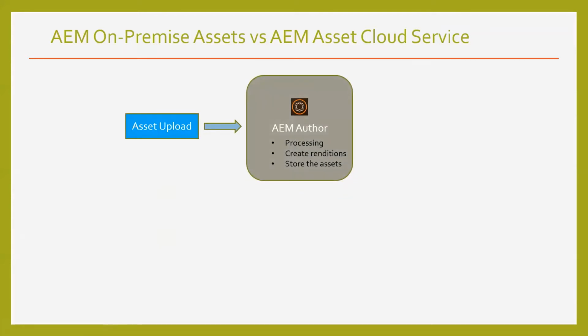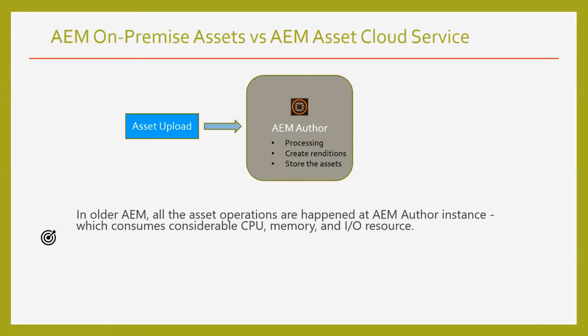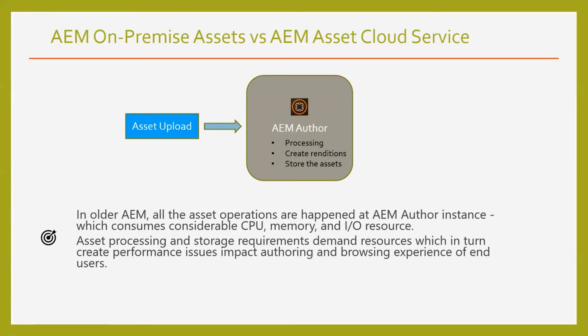The processes like processing assets, creating renditions, storing assets, etc. This consumes considerable CPU, memory, and I/O resources. Asset processing and storage requirements demand resources, which in turn create performance issues which impact authoring and browsing experience of end users. We always hear performance complaints when huge size of assets are uploaded.